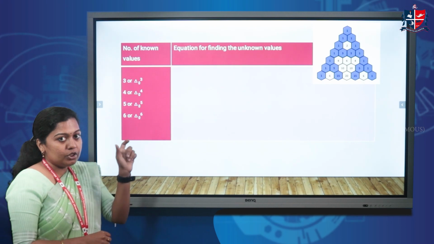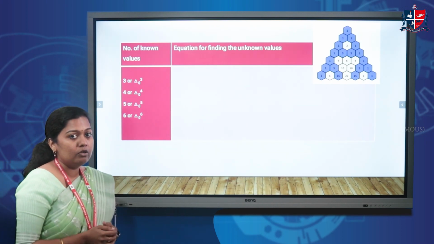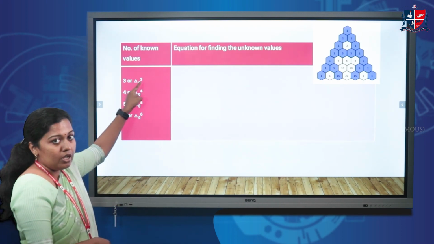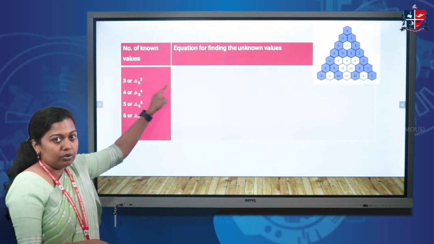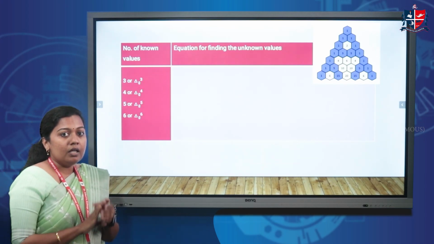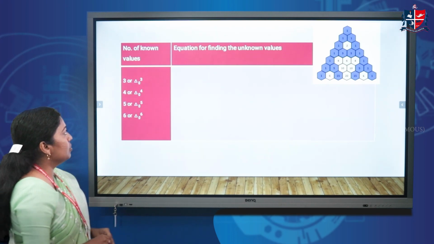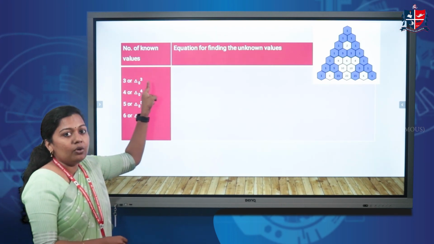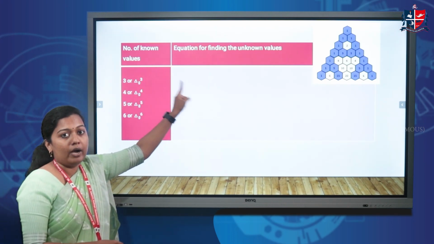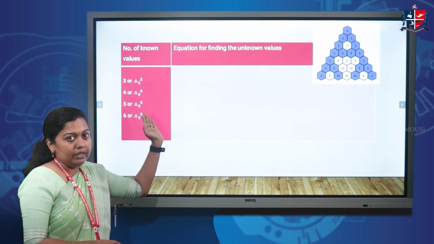After checking in the question how many known values are there, you have to start with the equation. So I am starting with delta 0 raised to 3 because in the previous example there are 3 known values. Delta 0 raised to 3 is equal to, if it is 3 known values, we have to start from y3, from y3 to y0.